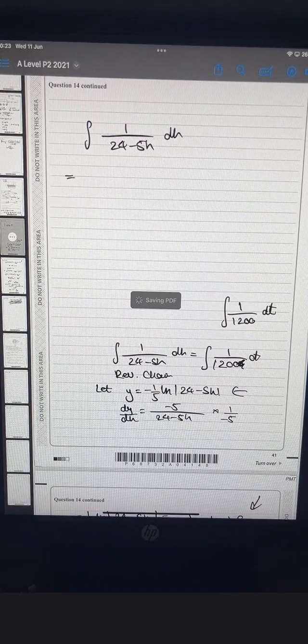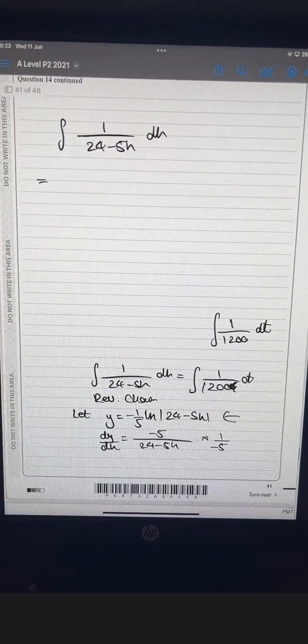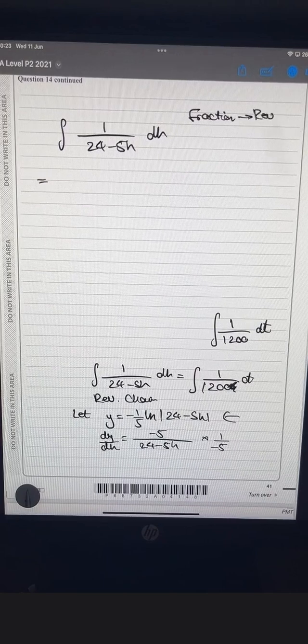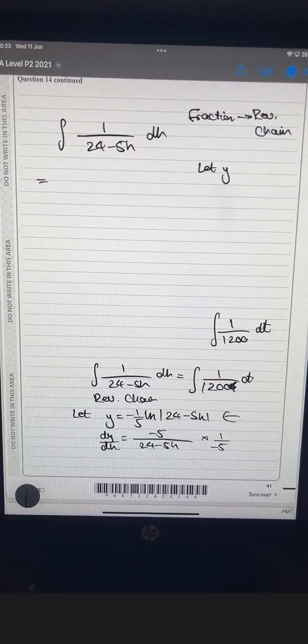So I see a fraction, I think, okay, can I split the fraction up? Well, no, not really here. I see a fraction, I think, can I use the reverse chain rule, right? So the reverse chain rule with a fraction tells me that let y equal to ln of the denominator, all right? So here my denominator is 24 minus 5h.